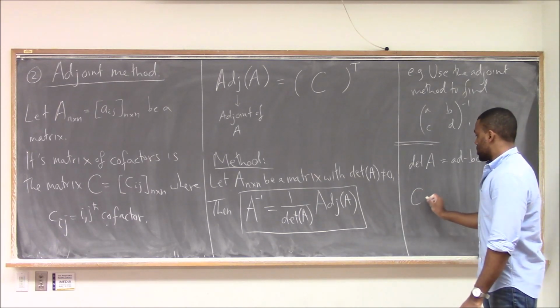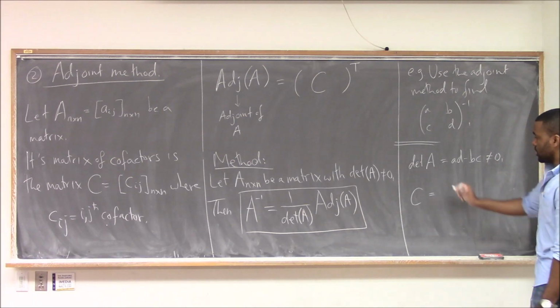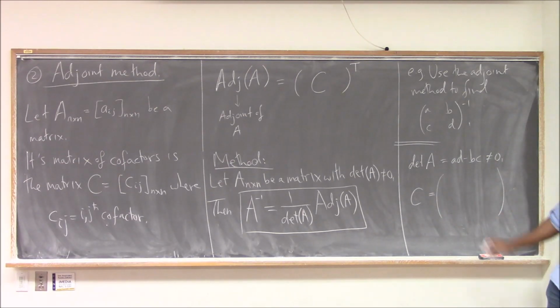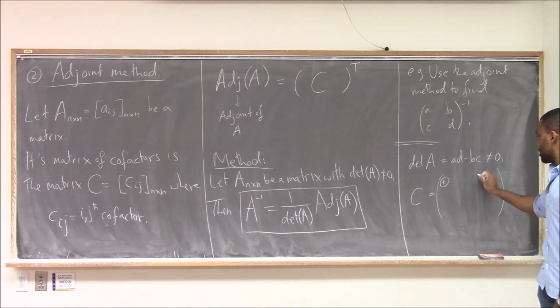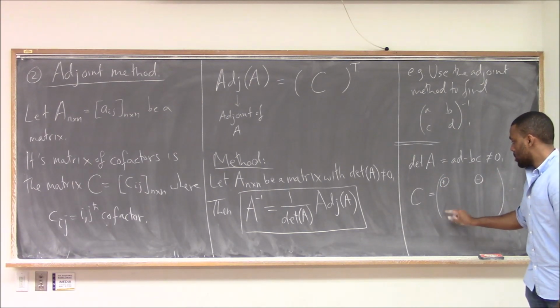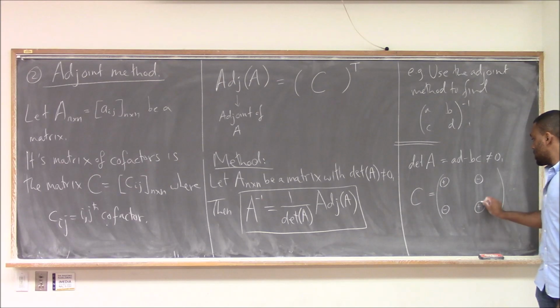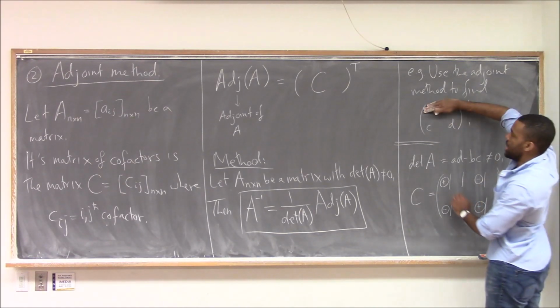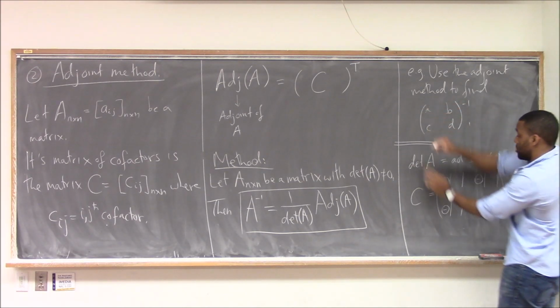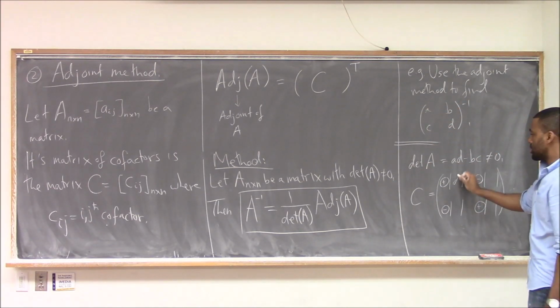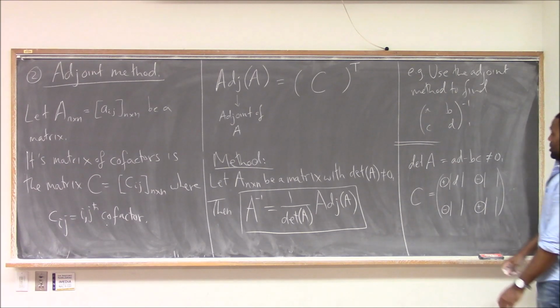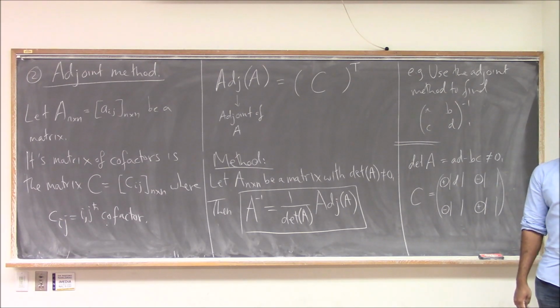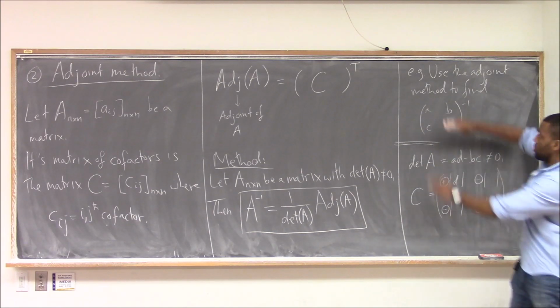And now let's find the matrix of cofactors. Remember, the matrix of cofactors takes on certain signs: plus here, minus here, plus here. And this is going to be the determinant of the guy you find by blocking out the A's row and the A's column. That's just going to be your D. Professor, what, so the determinant of A is... Yes, AD, block this out.